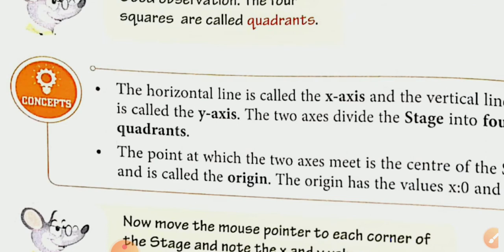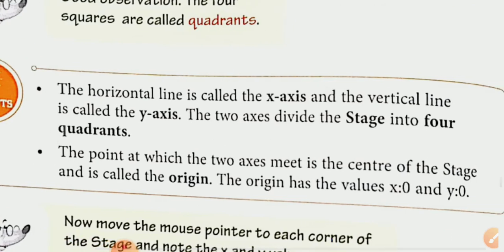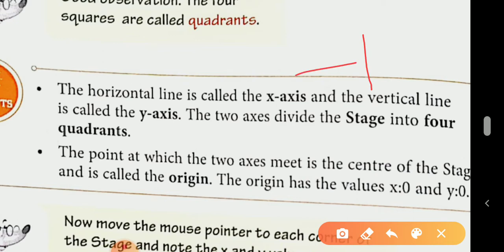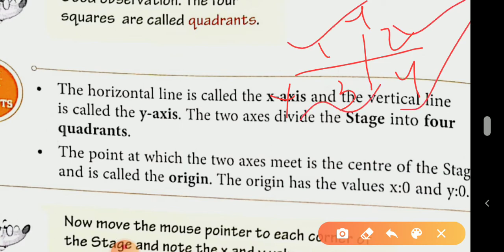The two axes divide the stage into four quadrants, 1, 2, 3 and 4. Here is your y-axis and here is your x-axis. So both axes, x and y, horizontal and vertical, divide the stage into four quadrants.